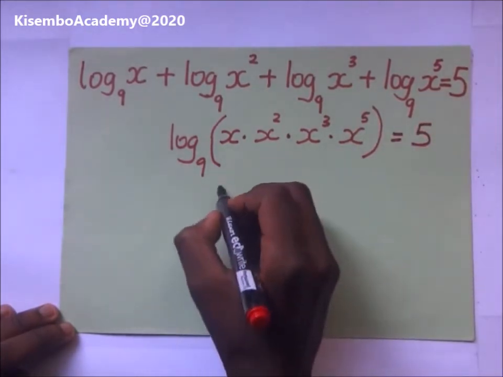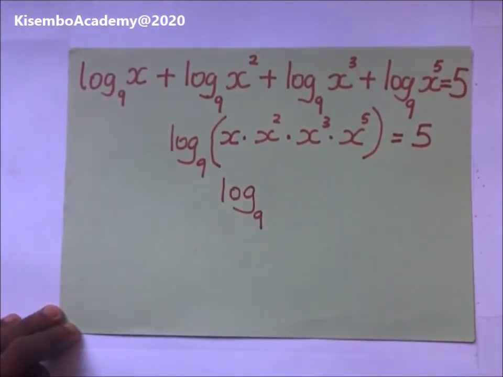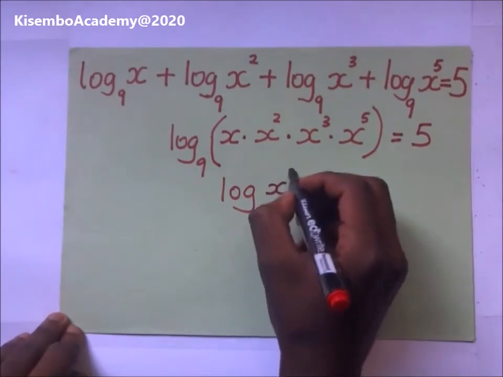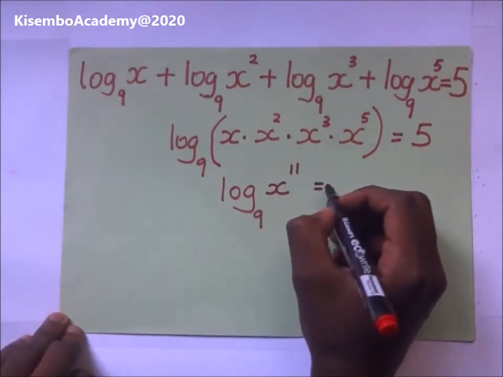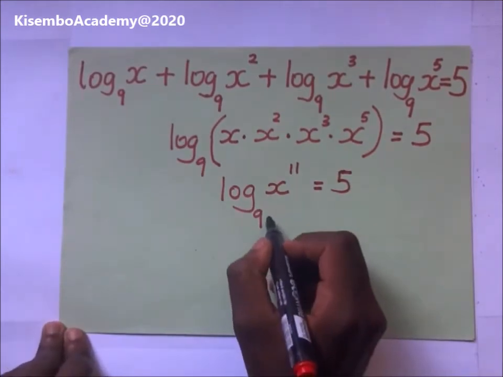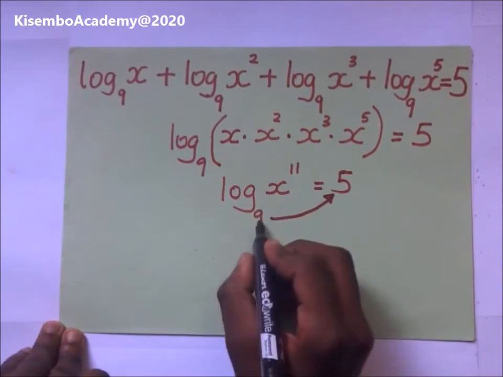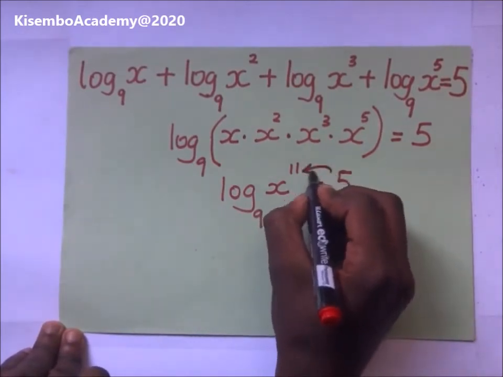So this is going to become log to base 9 of x to the power 11 is equal to 5. When you convert this to index form so that you're able to get the value of x, it's going to be 9 to the power 5 is equal to x to the power 11.